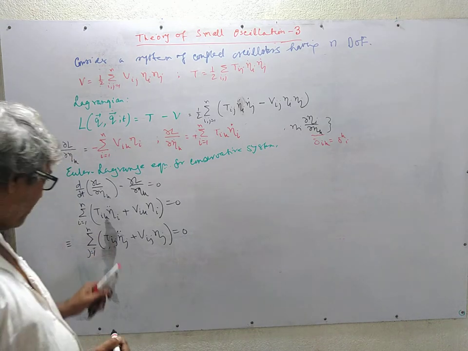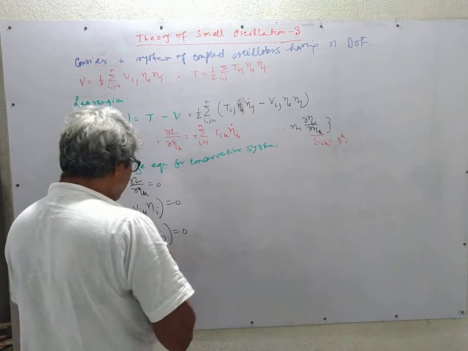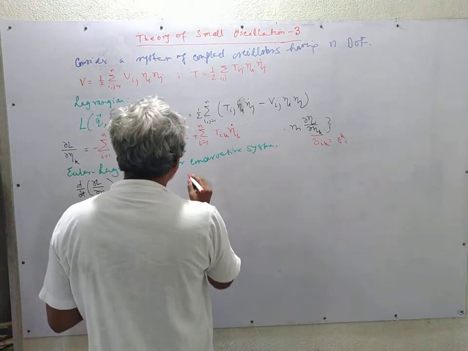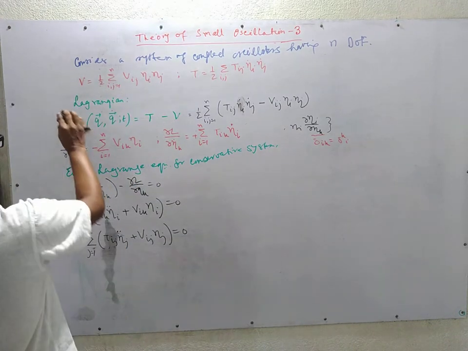So for i equal to 1 up to i equal to n, what is the form of the equation? Let me write it over here.